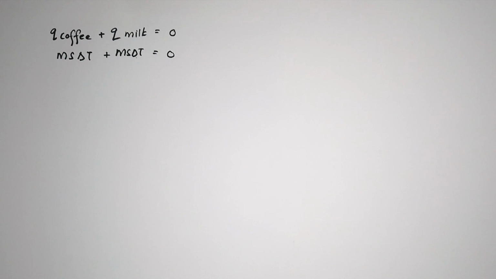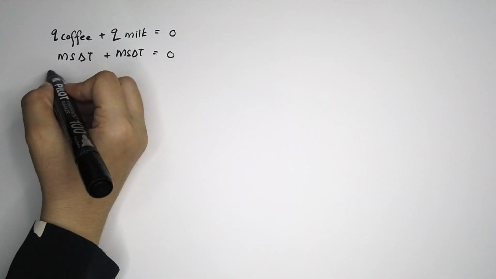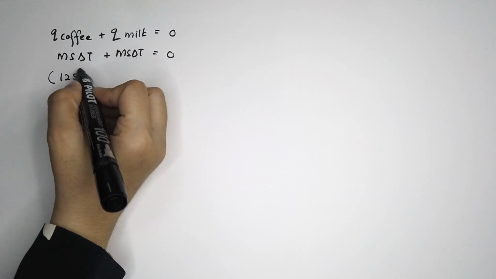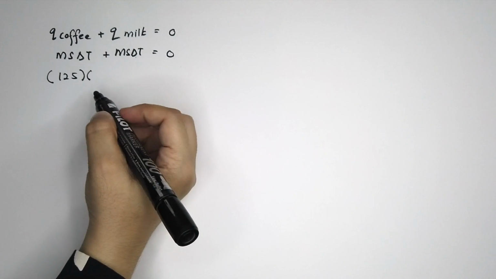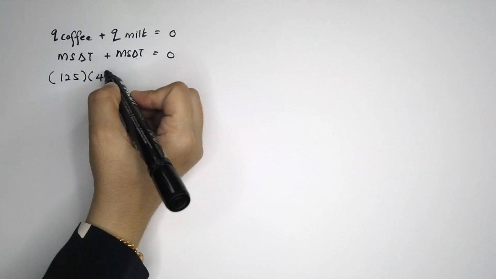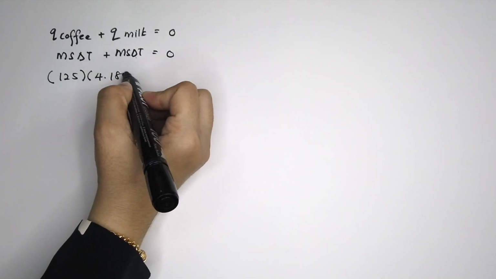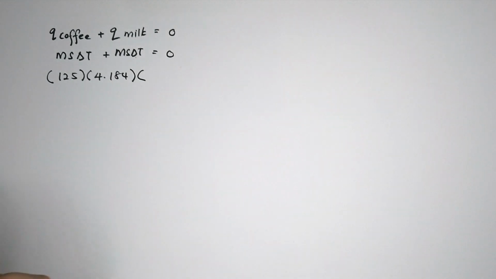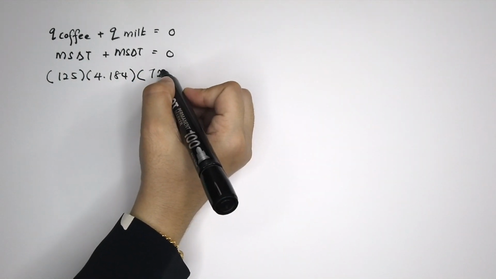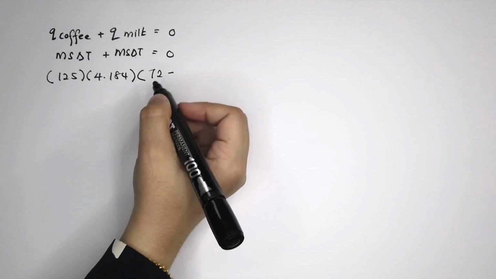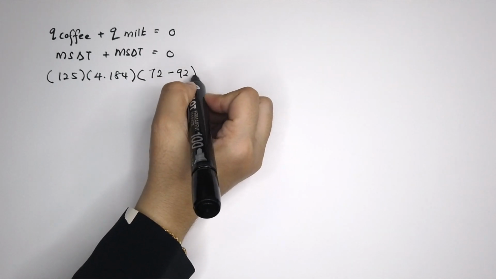So you know that the mass of the coffee is 125 gram and the specific heat capacity is 4.184, and the delta T, the temperature change, is the final temperature minus initial temperature. So the final temperature is 72, the initial temperature is 92.